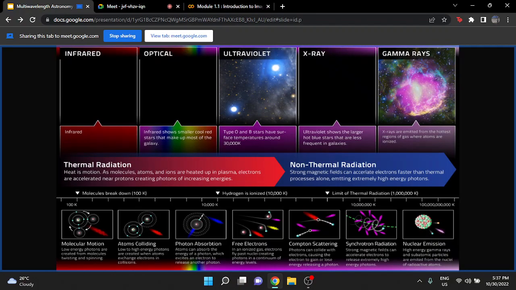Now, as I said, a lot of observations and a lot of exercises that we did used either IR or optical, or in some cases UV data. And to most extent, most of them do come from thermal radiation. So you can use Wien's displacement law to say what the corresponding temperature is. But when it comes to X-ray, gamma rays, and even radio, you can't exactly do that.